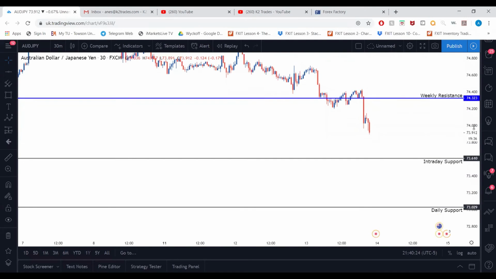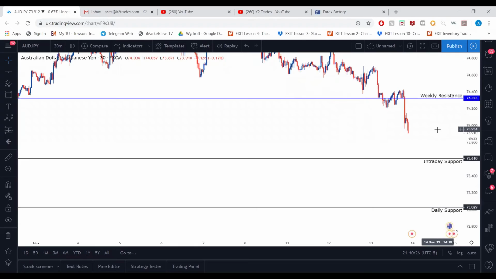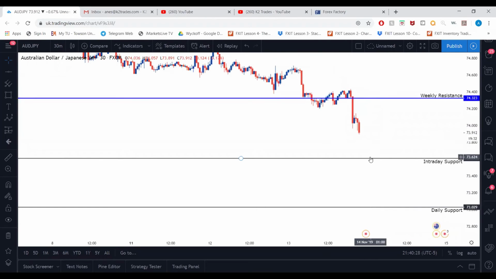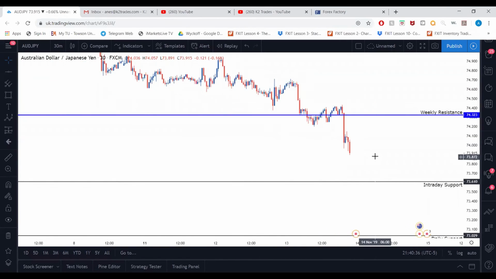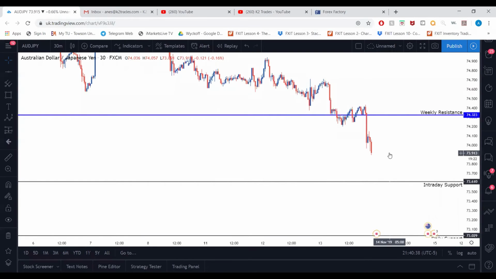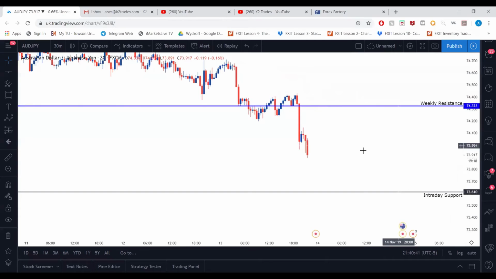I would honestly just let it be. See what it does. See if we get to this support, and if we can trade this back up to the resistance for the retest, because this just fell off the hook.